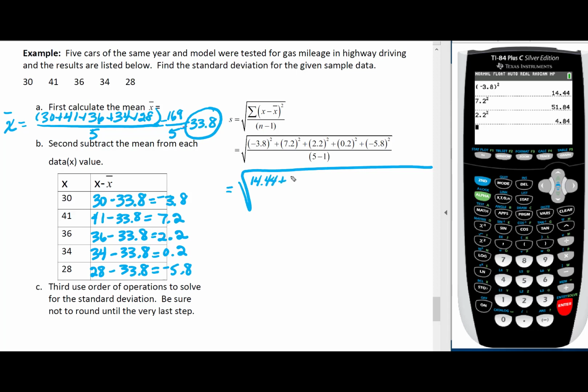plus 51.84 plus 4.84. Let's do the last two now. On the calculator, we can go 0.2 squared, hit enter, and again with the negative make sure you put it in parentheses.